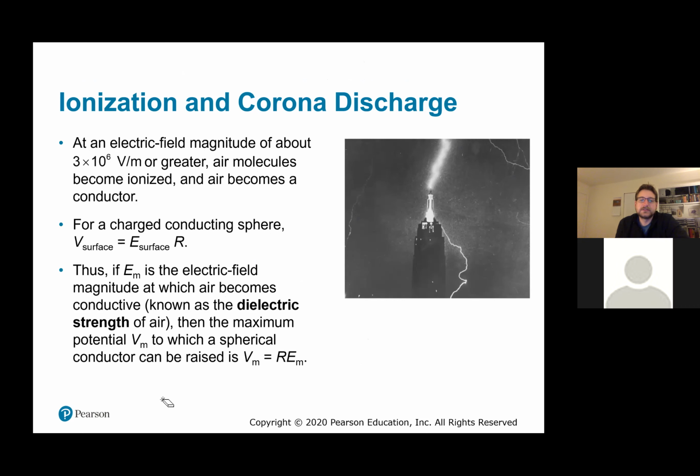Electric potential is important for real applications having to do with lightning rods and Van de Graaff generators and toner cartridges.